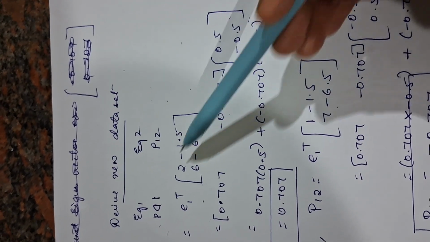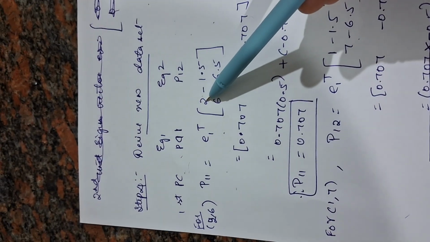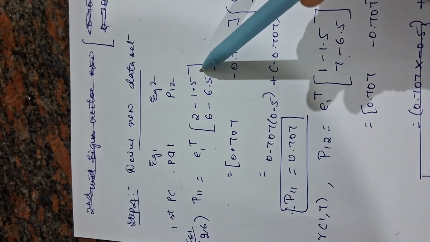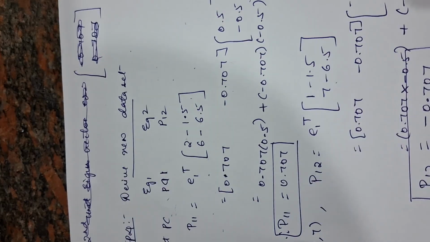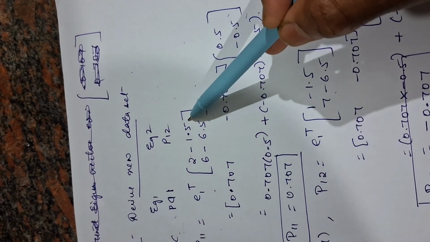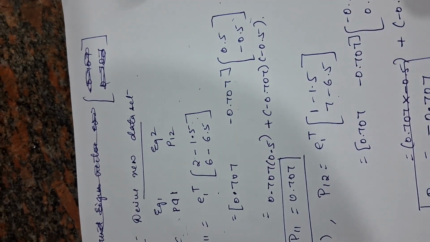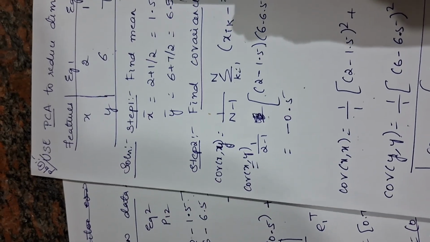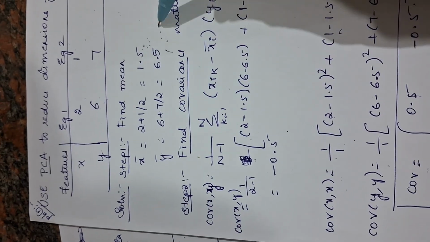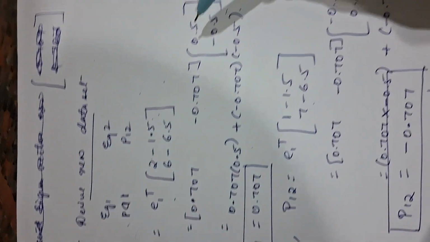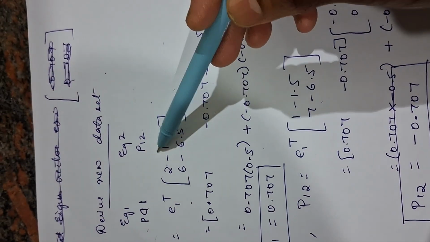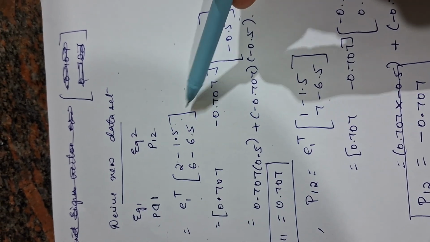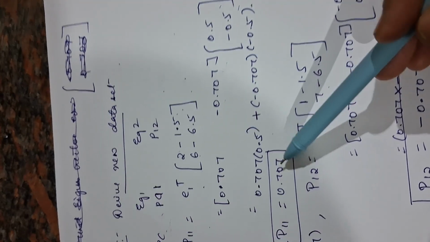How did I get that? 2 is the data point, right? Minus the mean of x. 1.5 is the mean of x, this one. Okay, and the mean of y is 6.5. So that is what I have done here. 2 minus 1.5, 6 minus 6.5. If you just multiply, this is what you get finally.